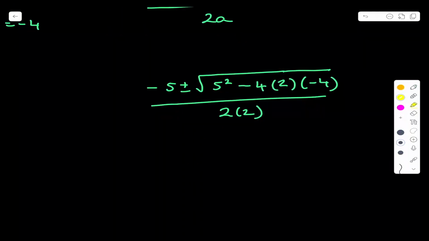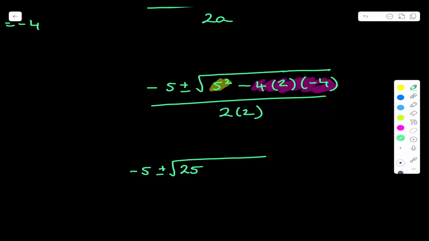Okay, next we're going to work out what these are. So we still have -5 plus or minus square root of 5 squared, which is 25. Okay, and let's do this part. Be careful of the signs here. So you've got -4 times 2, which is -8, and then -8 times -4, which would be positive 32.